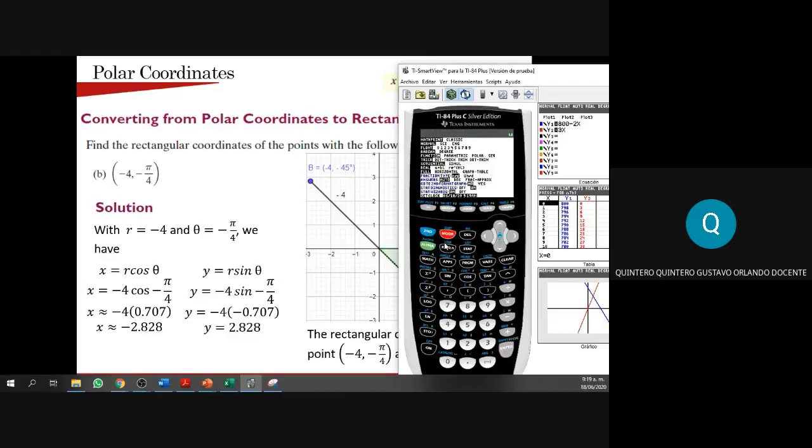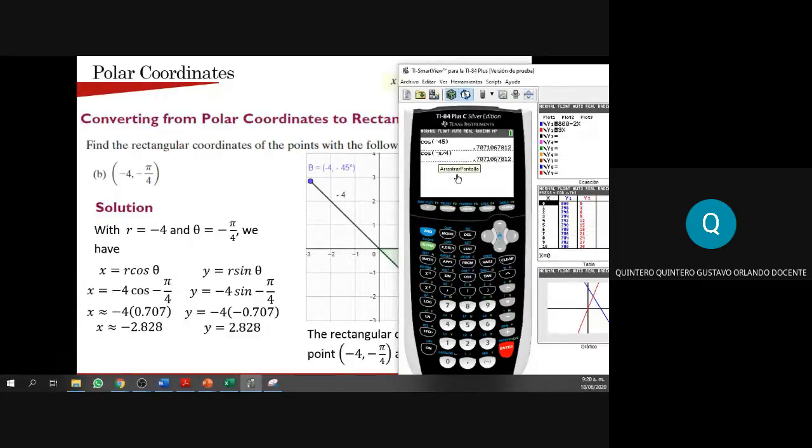So if I go back, now I can do again cosine of -pi divided by 4. Now the angle is in radians. But if I press enter, the result is the same, because now I told the calculator, hey, calculator, please accept radians.